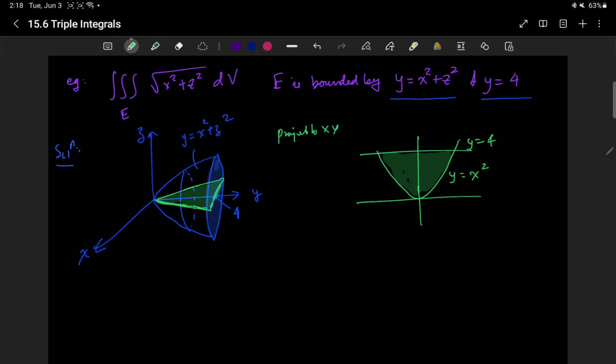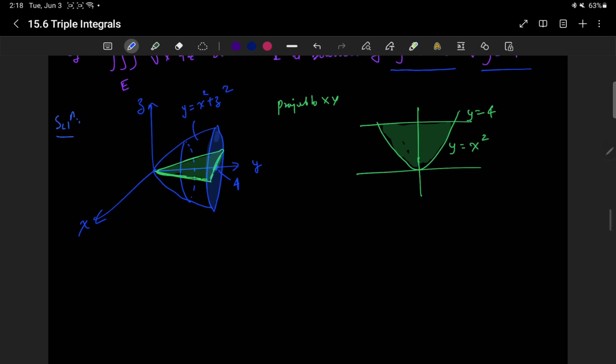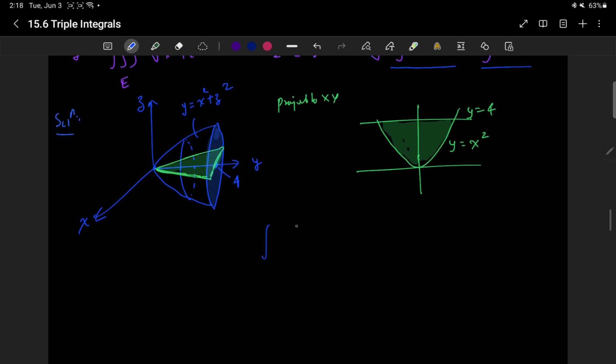So if I do it this way, then my integral gets set up as first integral, well, x squared plus z squared. Projecting to xy means I'm doing dz first. And where is z going from? If you have this equation, this is the square root of y minus x squared, and the bottom half of this is the negative of the square root of y minus x squared.